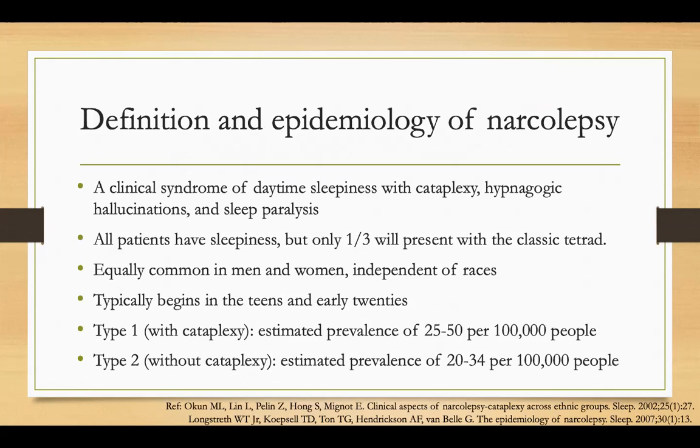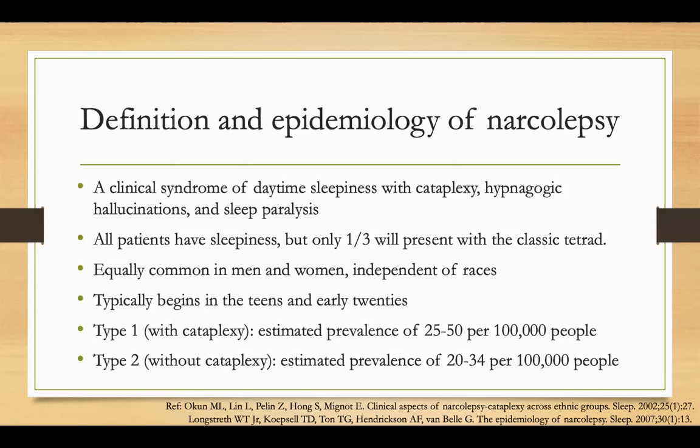It is a clinical syndrome of daytime sleepiness with cataplexy, hypnagogic hallucinations, and sleep paralysis. All patients have sleepiness, but only 1/3 of them will present with this classic tetrad. It is equally common in men and women, independent of races, and typically begins in the teens and early 20s.